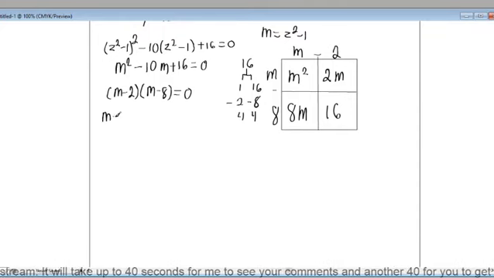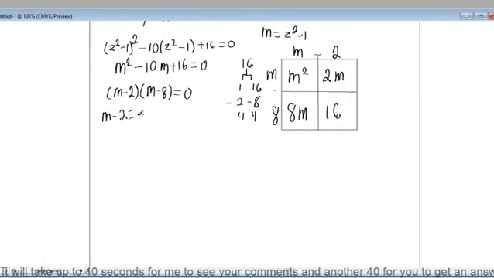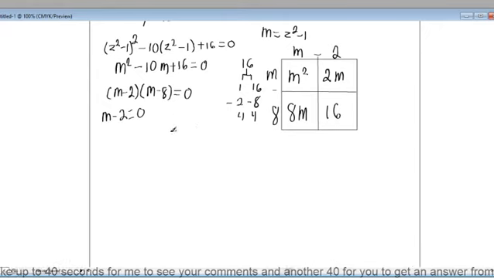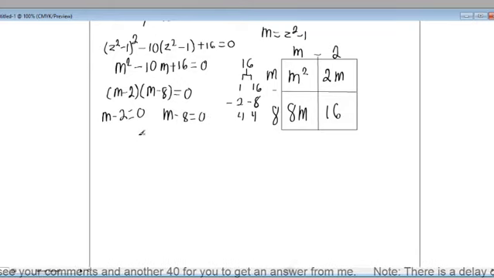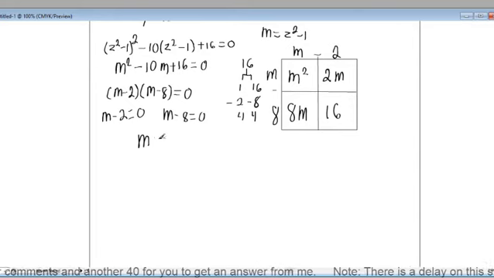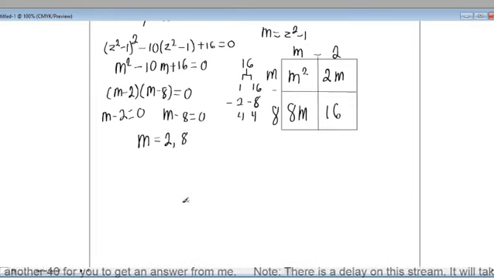So m minus 2 equals 0, or m minus 8 equals 0, and solve each of them, meaning that m could be 2 or 8. Okay.